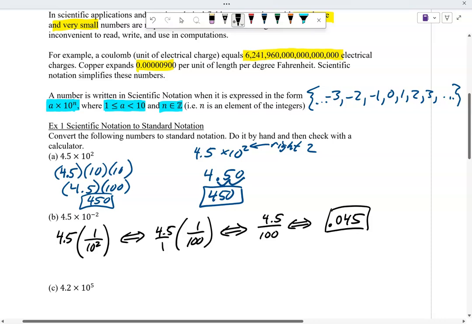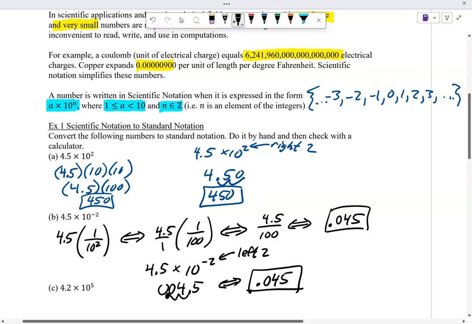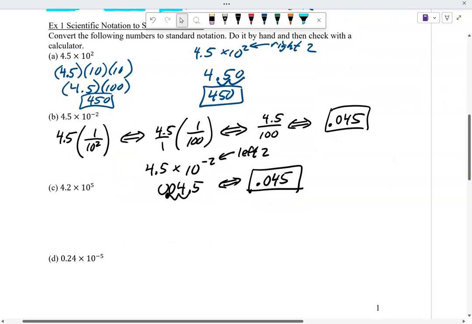The way you can remember this is if you have a negative exponent, move the decimal left 2. Right now it's right here, 4.5. Move it left 1, 2. So it's right there. That's where you get the 0.045. Move it left 2.